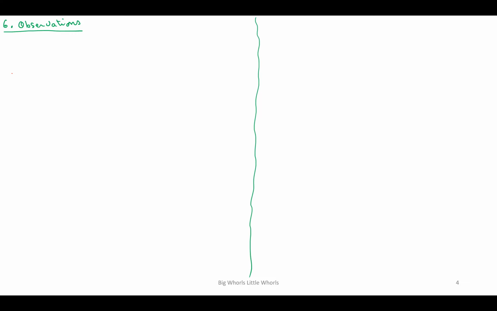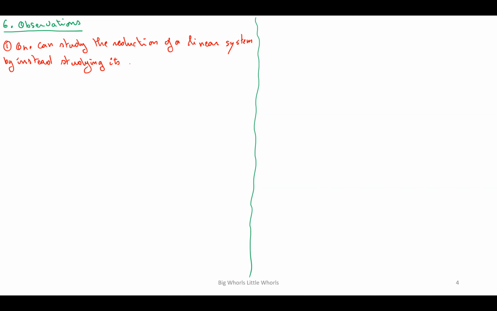Okay, let me write it down. So the first observation is one can study the reduction of a linear system by instead studying its associated homogeneous system.